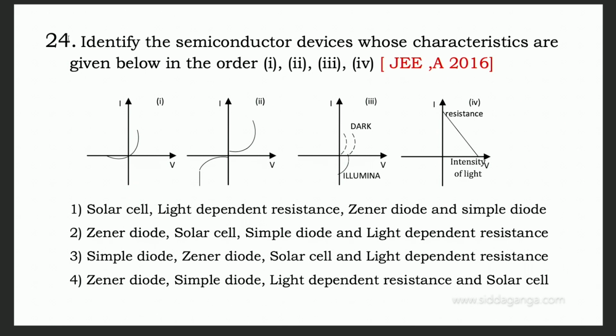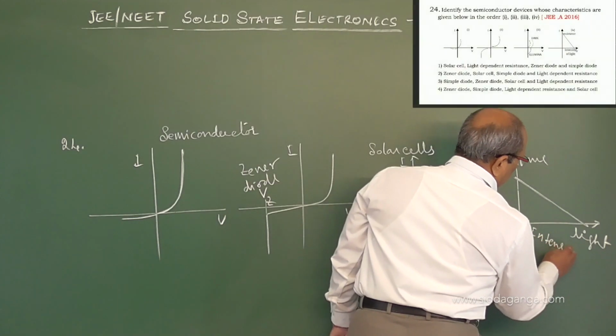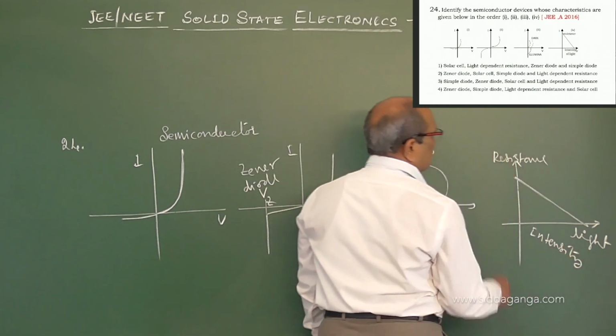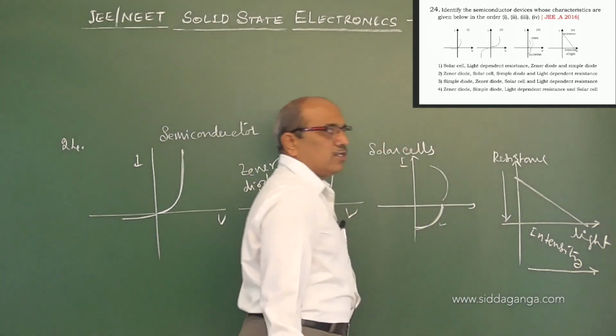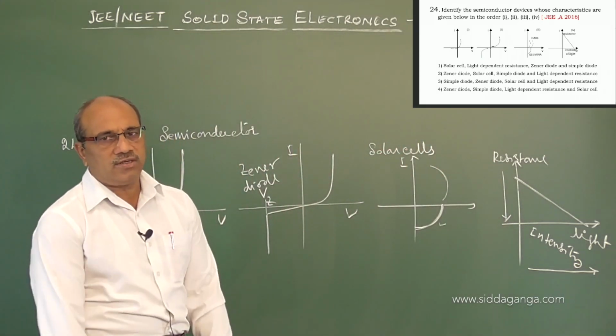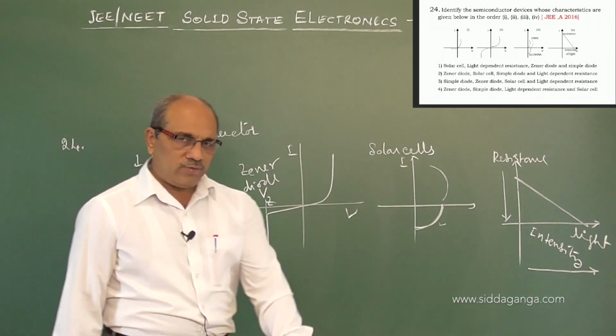Current does not exist there. Resistance versus light. On the photodiode or LED photodiode or photocell, as intensity of light increases, resistance goes on decreasing, more and more saturation current develops in the photodiode.